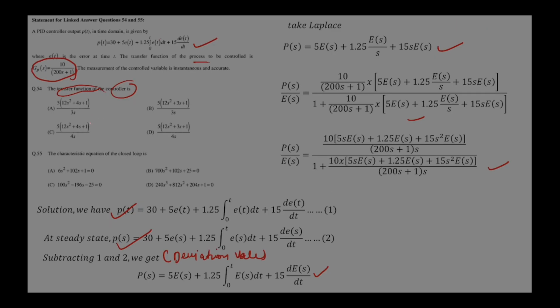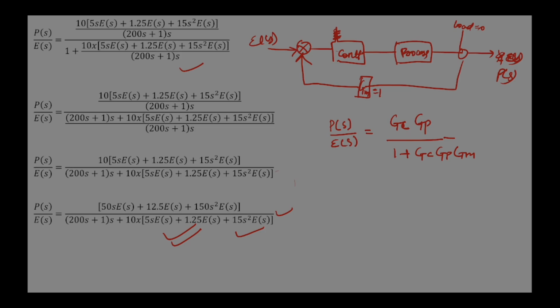Okay, I think this is the answer, option C, I think 700. I might be wrong, but that is what I remember. So Gp is there, this into this upon 1 plus this into Gm, which is 1. So this will be your answer.